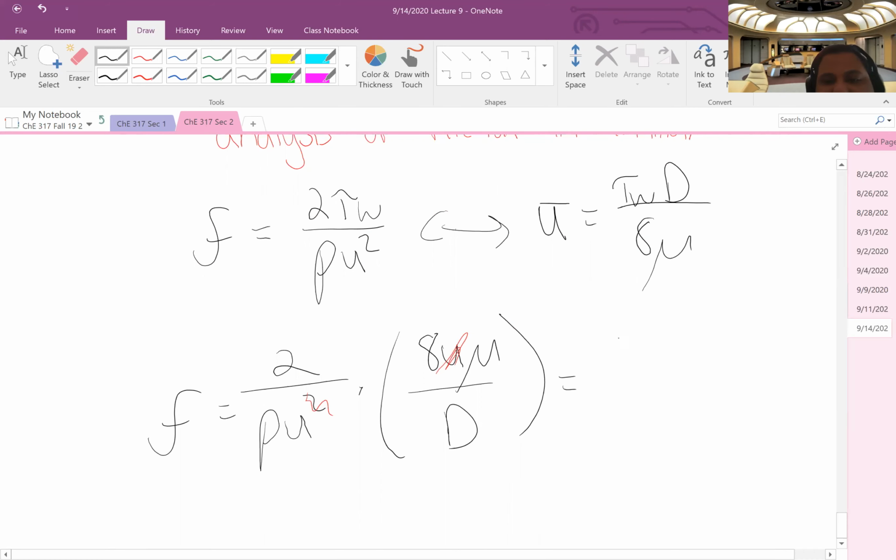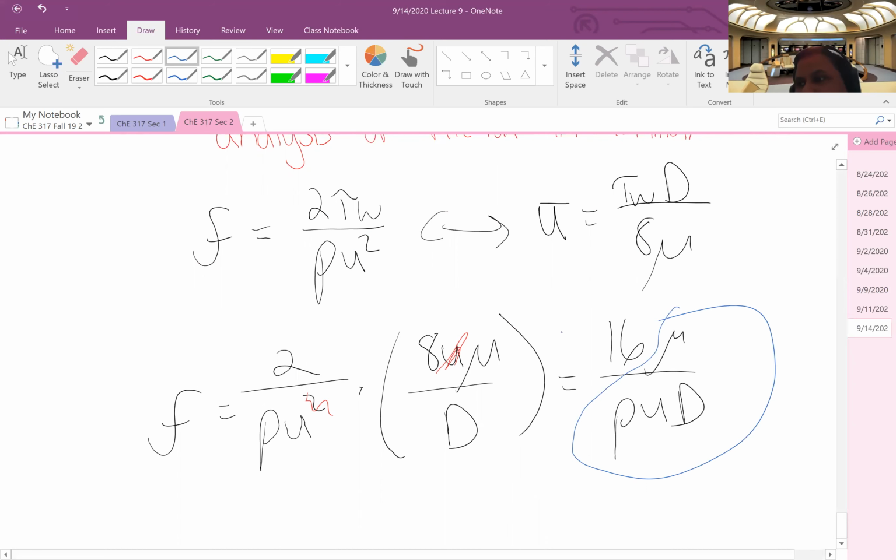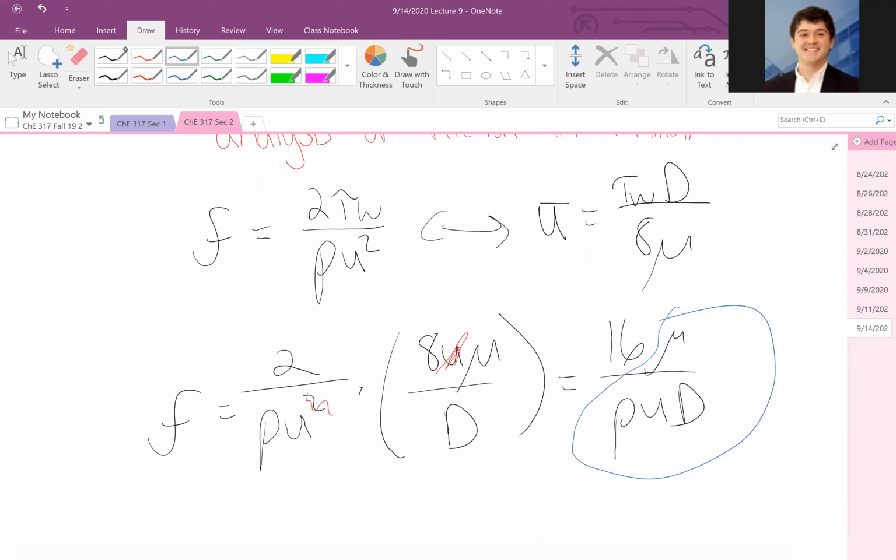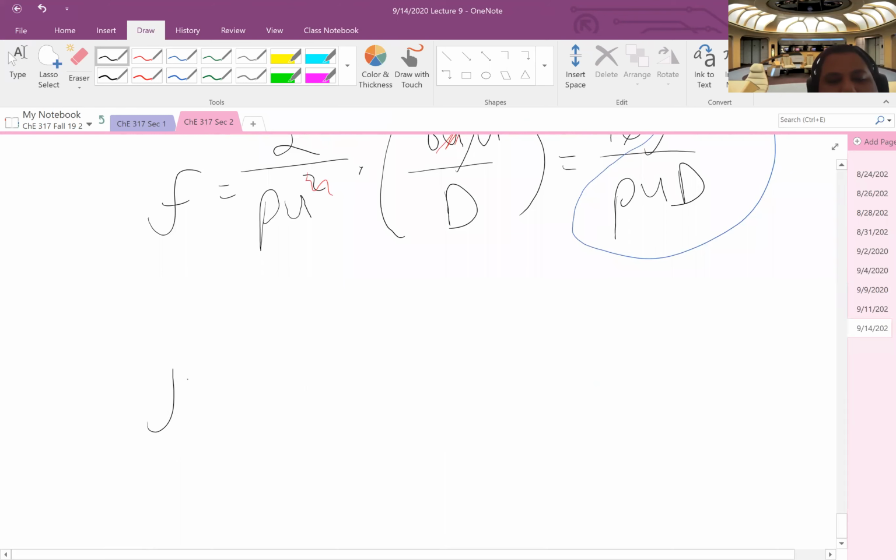So I'm left with 16 mu over rho U D. Now, what does this look like? That's the Reynolds number, yes. So for laminar flow, our friction factor is simply 16 divided by the Reynolds number.